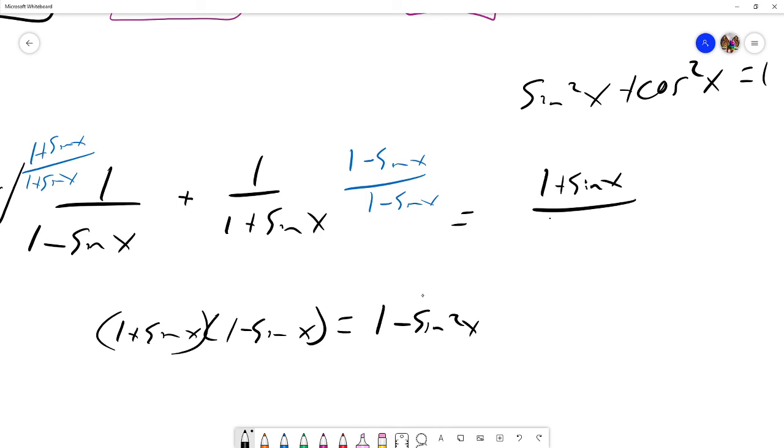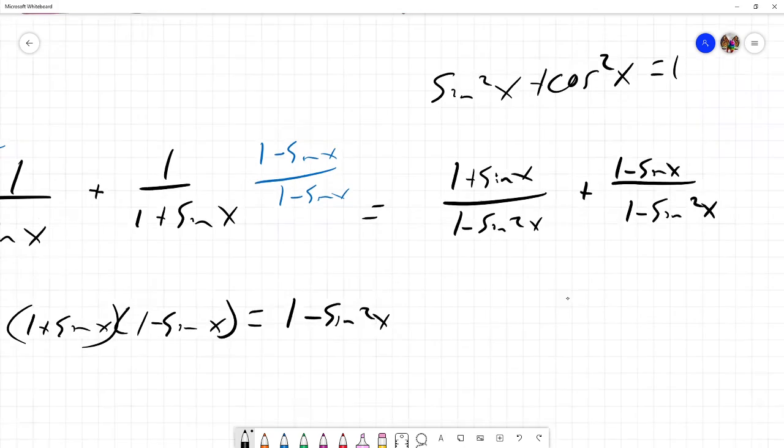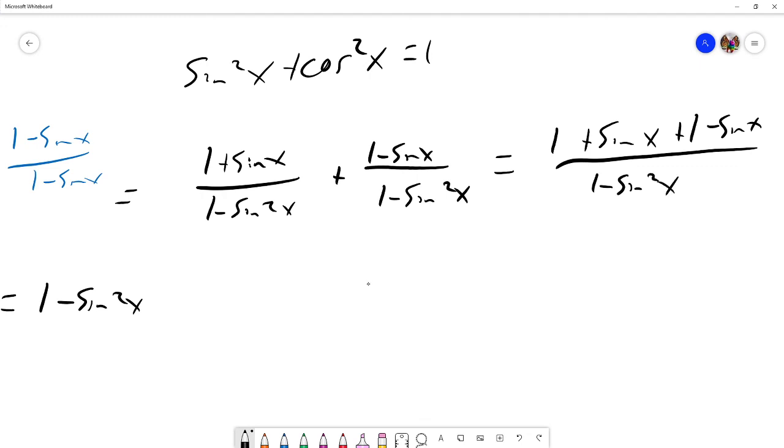So this is actually going to be 1 minus sine squared x. And we have plus 1 minus sine x over 1 minus sine squared x. So we have a common denominator, and so we get 1 plus sine x plus 1 minus sine x over 1 minus sine squared x.